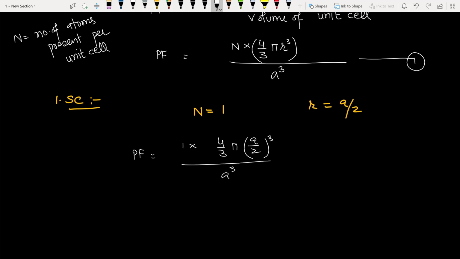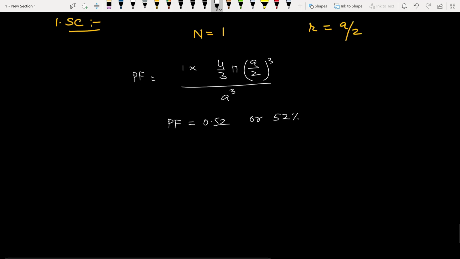When you solve this, you will get packing fraction equal to 0.52 or 52%. That is, 52% of the available volume of the cube is occupied, the rest is empty in a simple cubic arrangement.